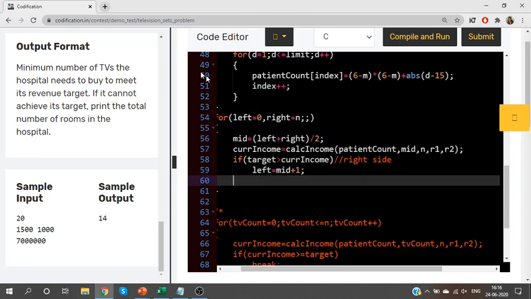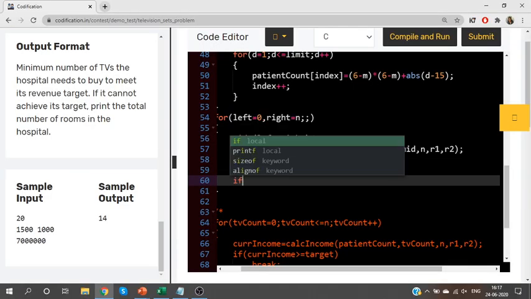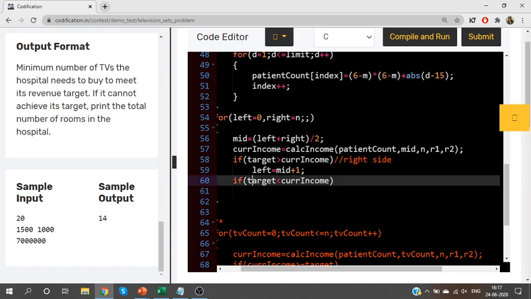Next, the second case. If search value is less than mid value, go to the left hand side. Target is your required value. If it is less than current income, then you go to the left side and choose a lesser value.